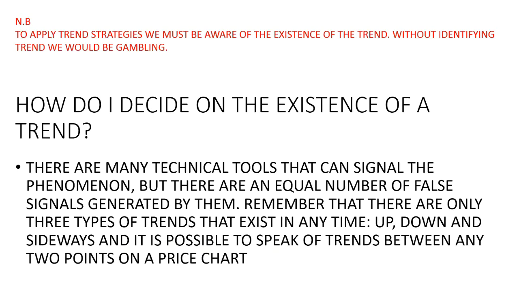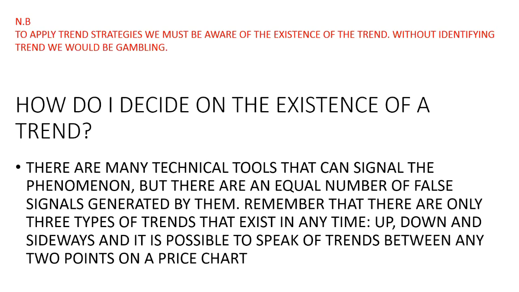Without identifying the trend, it would be gambling, because you'd just be taking guesses instead of taking educated guesses. You'd just be taking guesses or opinions or stuff like that. So yeah, that's something that we should note down and keep in our trading plan or trading journal.